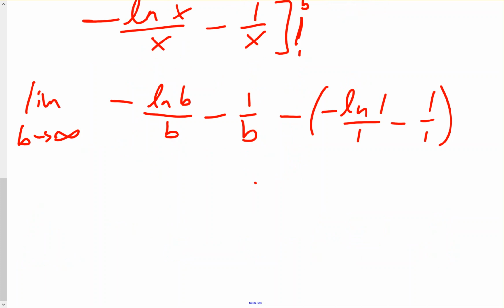Okay, so now what happens as b goes to infinity? Well, as b goes to infinity, this term goes to 0, right? 1 over something really big approaches 0. ln of 1 is 0, so this is a 0.